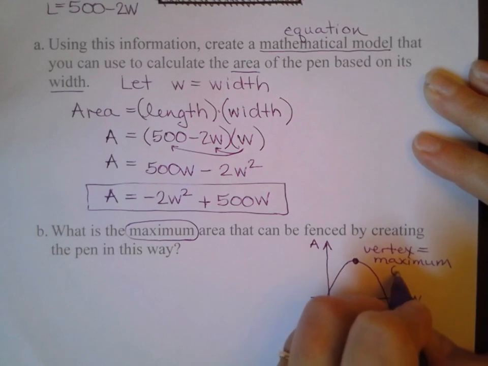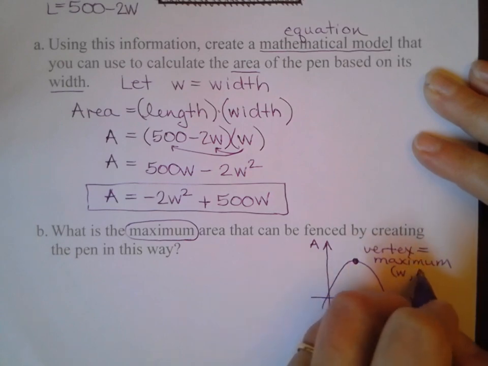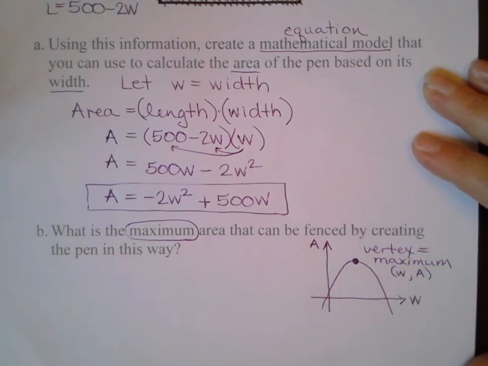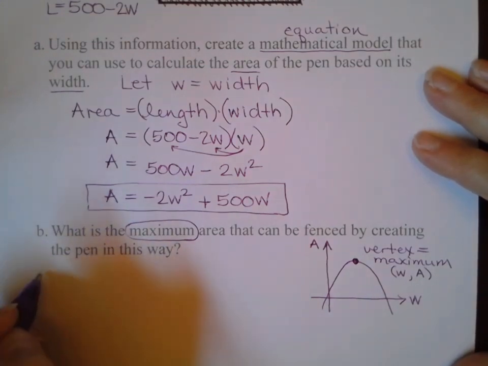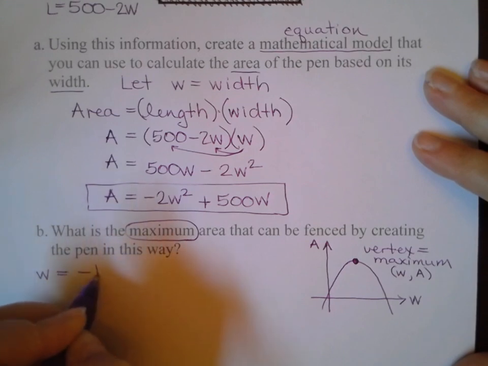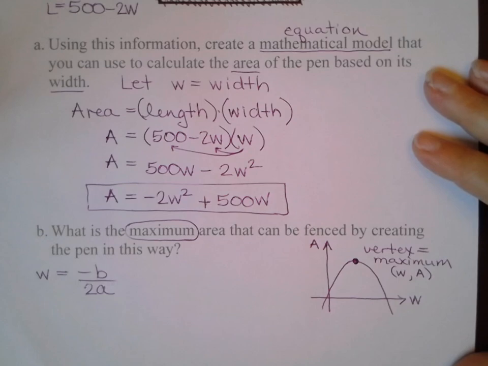And the coordinates of the vertex are going to be W, comma, A, because W is acting like X and area is acting like Y. All right, so now we have to go back to some other skills. We didn't cover these skills in this particular video, but we have discussed them if you're watching the videos in order. We're going to use the minus B over 2A idea to calculate the vertex.